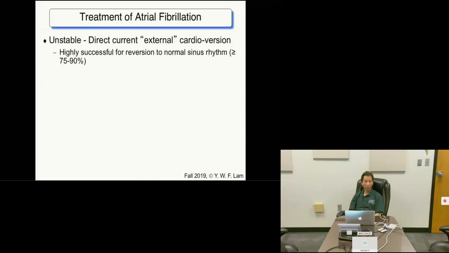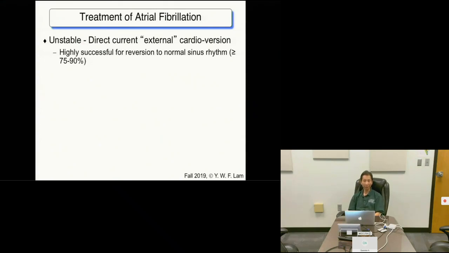So, if a patient is hemodynamically unstable, then again, as I said, what we need to do is basically apply direct current external cardioversion. You probably have seen different pictures of it in medical dramas on TV, where someone is holding two electrical pads and then just slams them onto the patient.